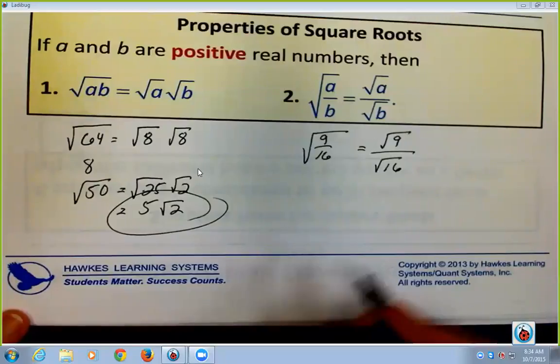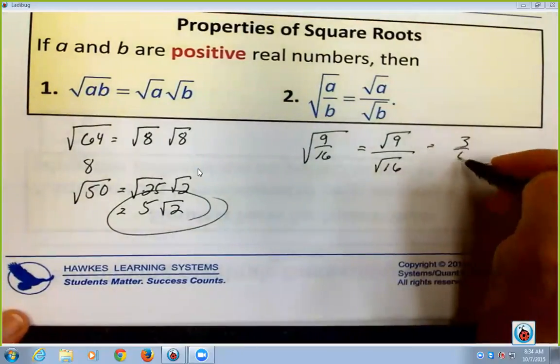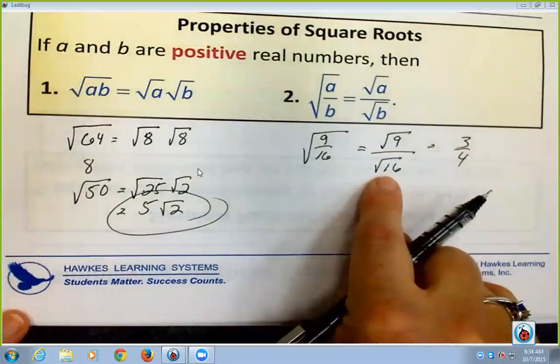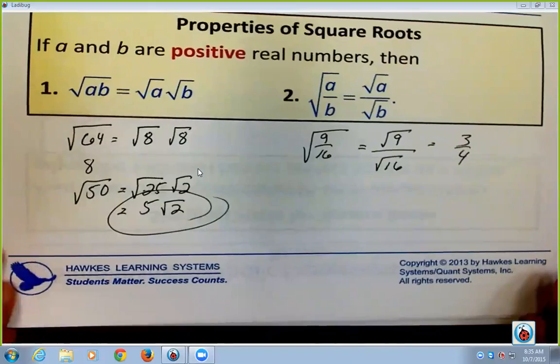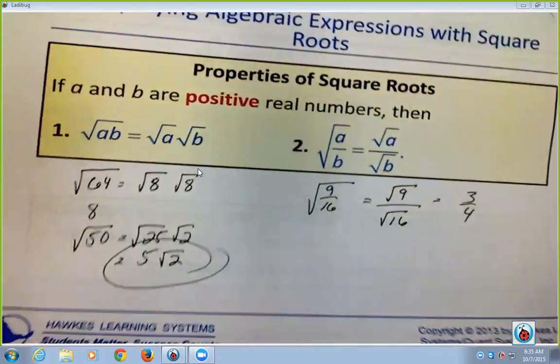And so therefore, if I break that apart, I'm going to end up with the square root of 9 is 3, square root of 16 is 4. So my answer comes out to be 3/4. So these are things that are going to help us break these things apart so that we can do a little bit of different stuff with them to come up with what our values happen to be within those.